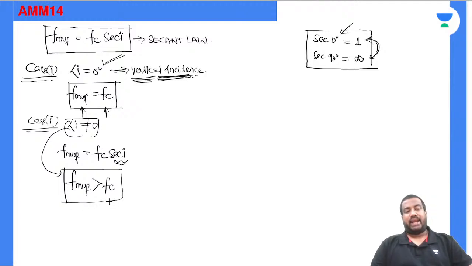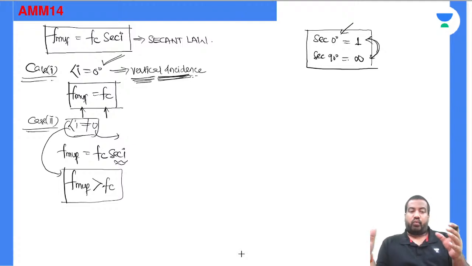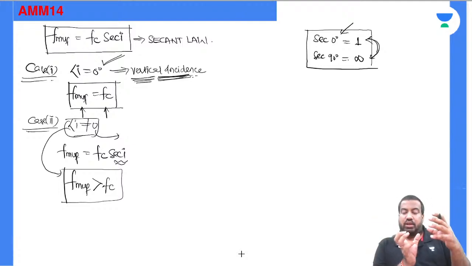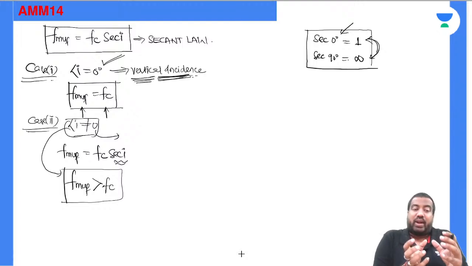So what can I say? The critical frequency, when incident angle is not equal to 0, is the minimum frequency that can be reflected back by the ionosphere.